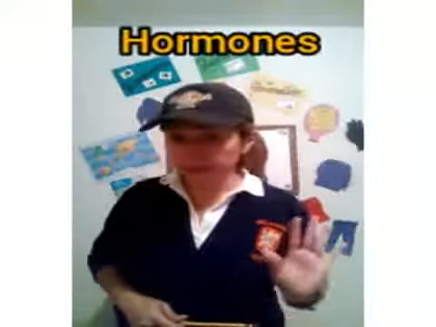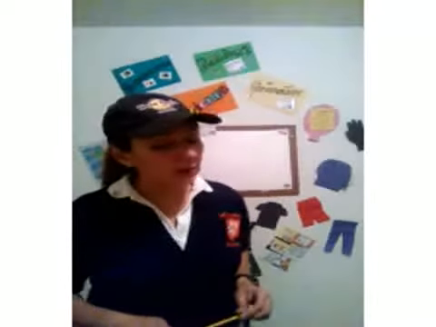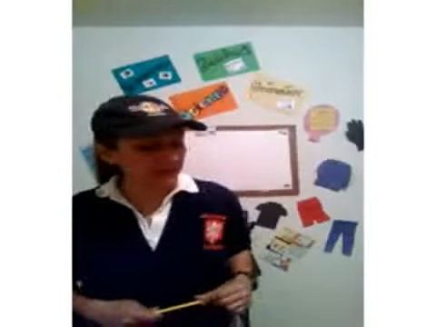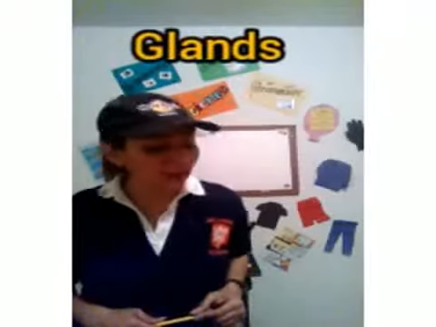Chemicals called hormones, like I said before, carry messages that cause growth and other slow changes in the body. Hormones travel from one part of the body to another and pass along messages that result in different changes. Groups of cells called glands produce hormones. Glands and hormones make up the endocrine system.